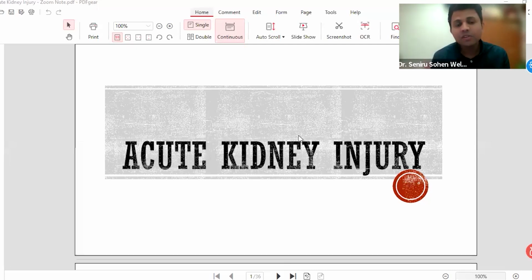In stage 1 AKI, they will have 1.5 to 1.9 times the baseline relative increase in creatinine, or more than 0.3 milligrams per deciliter increase in creatinine, which was what we used as the definition of AKI. And they should have less than 0.5 milliliters per kilogram per hour for 6 to 12 hours.